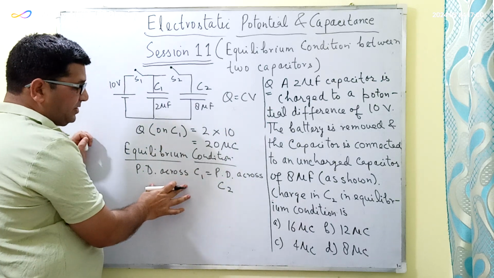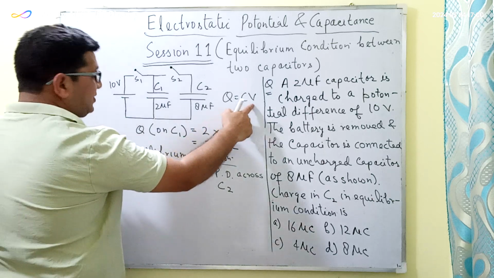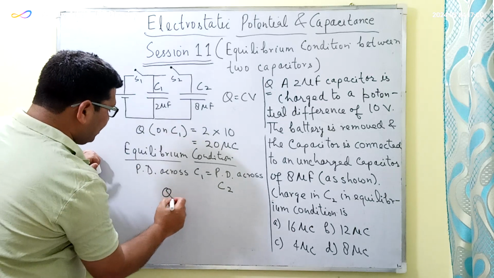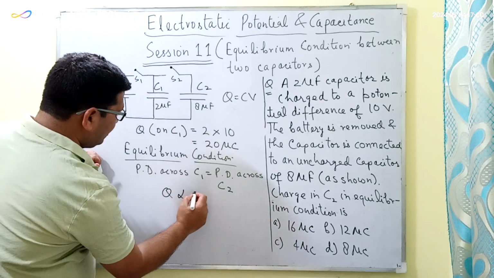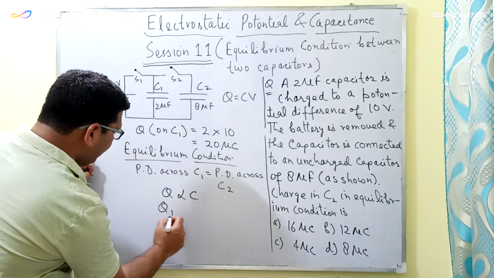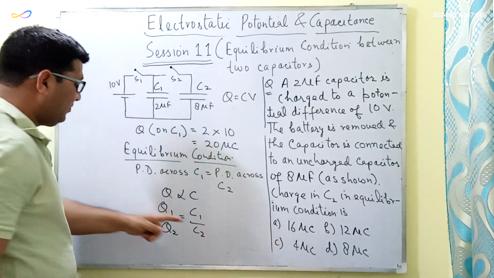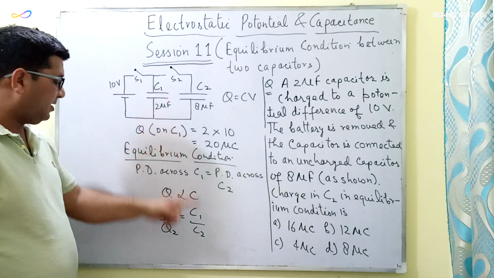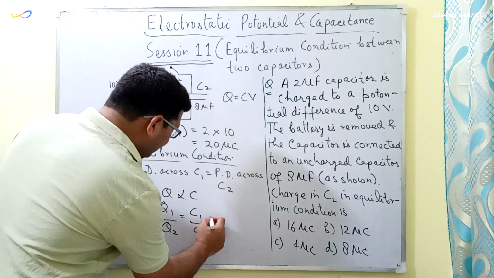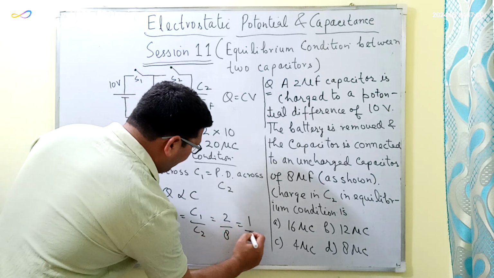Since the potential difference across the two capacitors is the same, Q is directly proportional to C, or we can simply say that Q1 upon Q2 will be equal to C1 upon C2, where C1 is the capacitance of this capacitor and C2 is the capacitance of that capacitor. So C1 upon C2, with C1 equal to 2 and C2 equal to 8, is equal to 1 by 4.